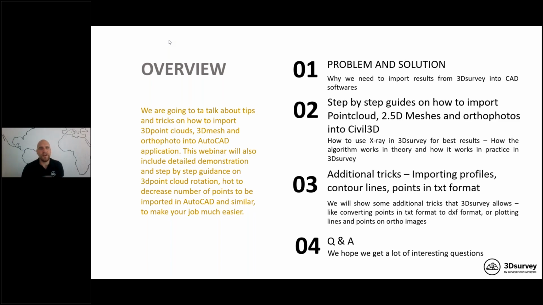So I have about 50 minutes of material, and the last 10 minutes we have reserved for the questions and answers. So if at any time during this presentation you have any questions, just write them in the question box, and at the end of this session we will go through all the questions and we will answer them.